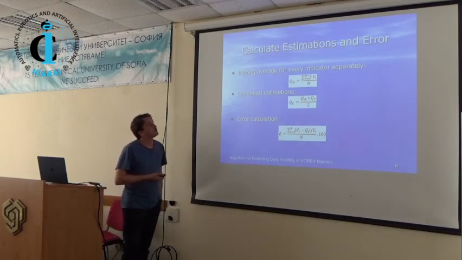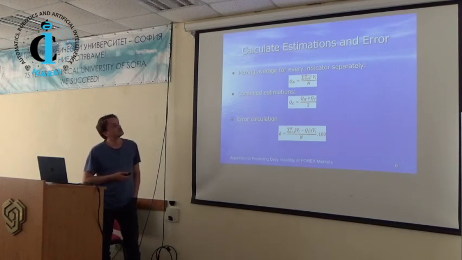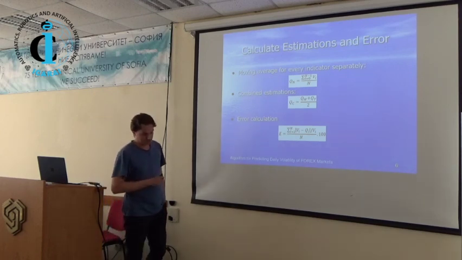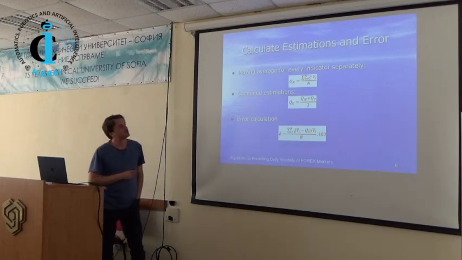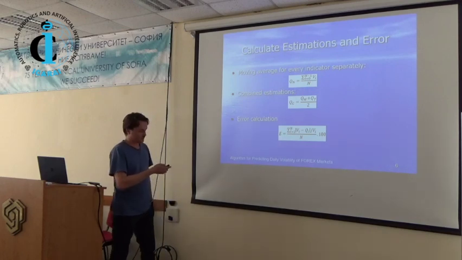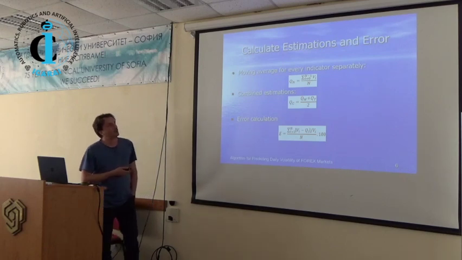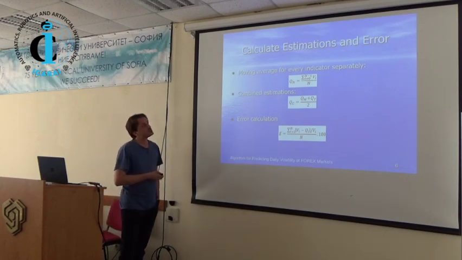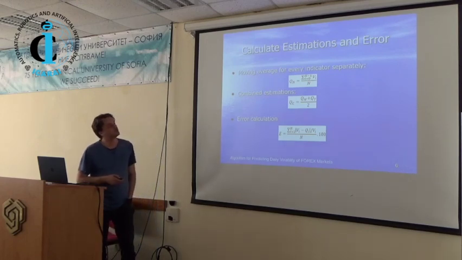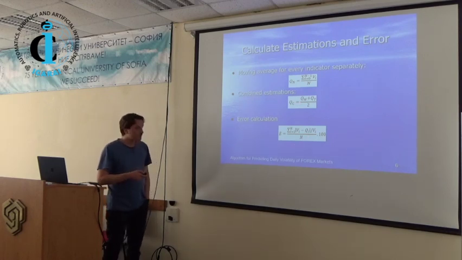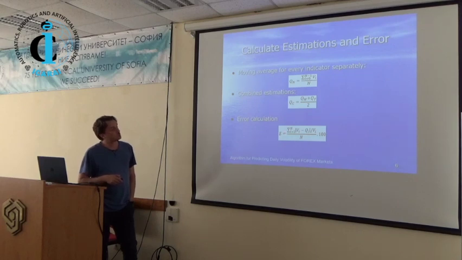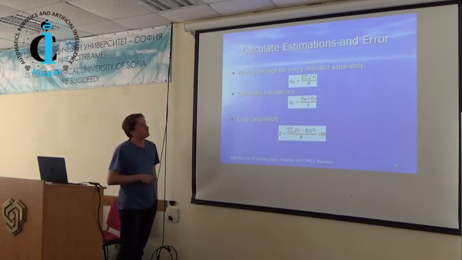So, how do I calculate the estimation for each of the indicators? I use this equation and make a simple combination of the two indicators here and calculate the error.